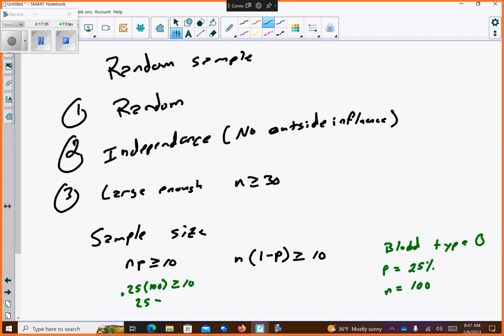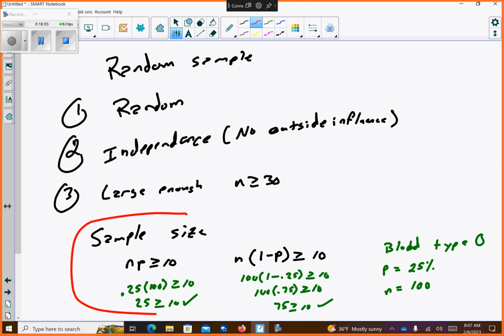Is 25 greater than or equal to 10? Yes, so we satisfy the first condition. Then, what about 100 times 1 minus the proportion? That's 100 times 0.75, which is 75. Is that greater than or equal to 10? Yes, so it satisfies both. This is another test that has to take place when you deal with a sample size.